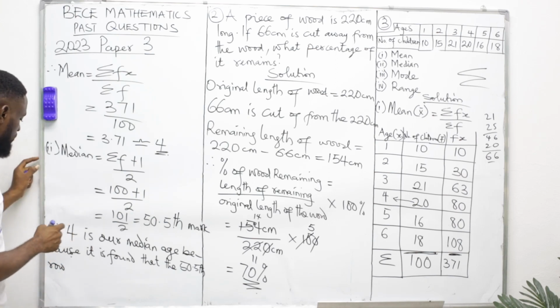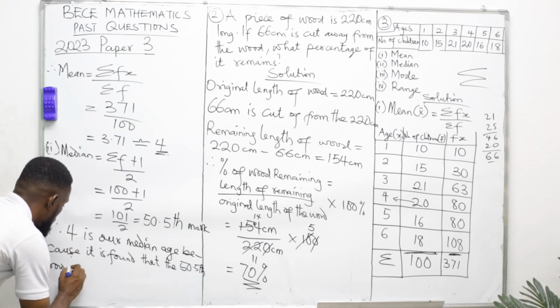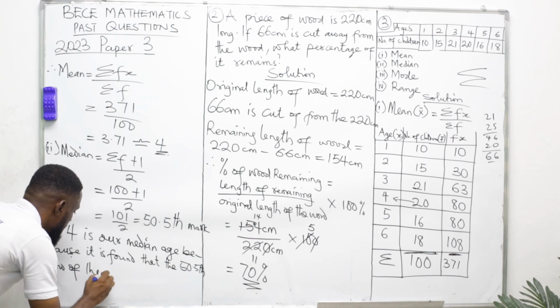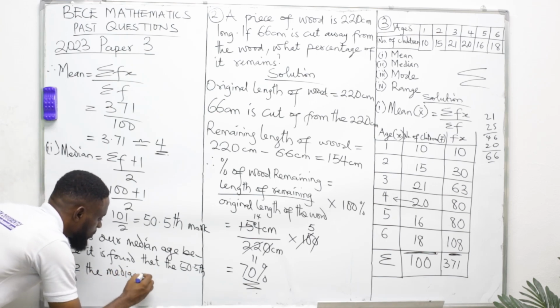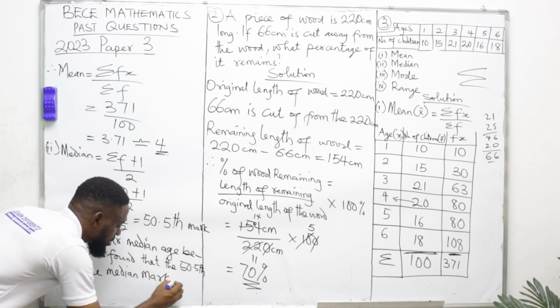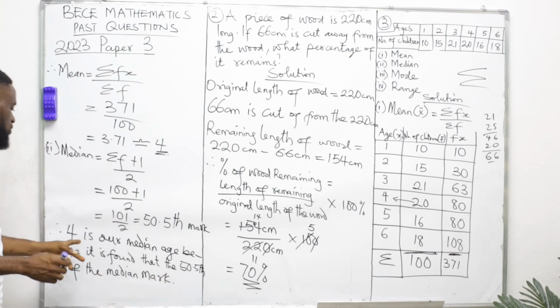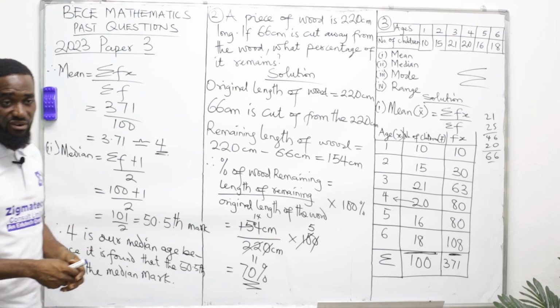The 50.5th row of the median mark. That is the reason, okay? So our median there is 4, right?